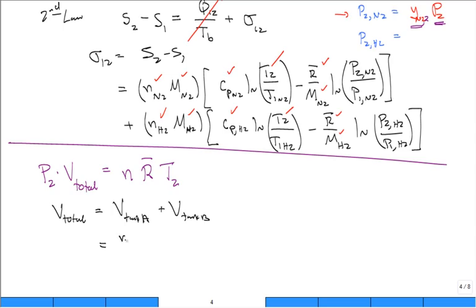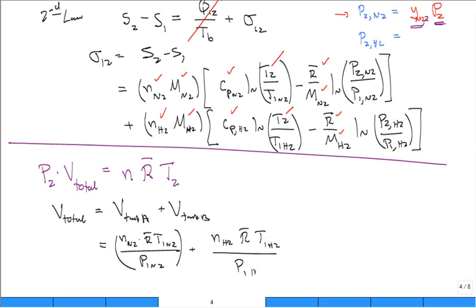That would be the number of moles of the nitrogen times R bar times T1 of the nitrogen divided by P1 of the nitrogen. Just focus on the initial information given about the nitrogen in tank A, and you can calculate the volume of tank A. Likewise, the number of moles of hydrogen, then R bar, T1 of the hydrogen divided by P1 of the hydrogen.